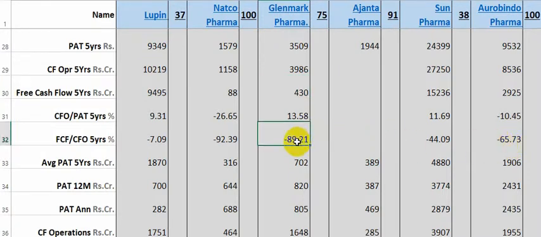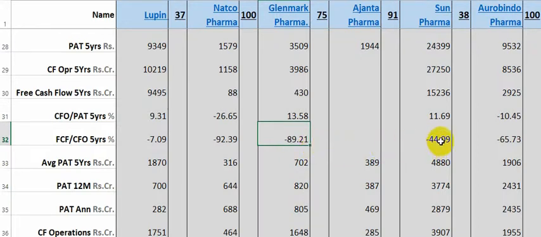Now, the reason why these companies have a low free cash flow could also be heavy investments in R&D and so on. The company may be investing in fixed assets or buying buildings, plants, and so on. So it could be positive or negative, depending on how the company has utilized its cash in investment activity.